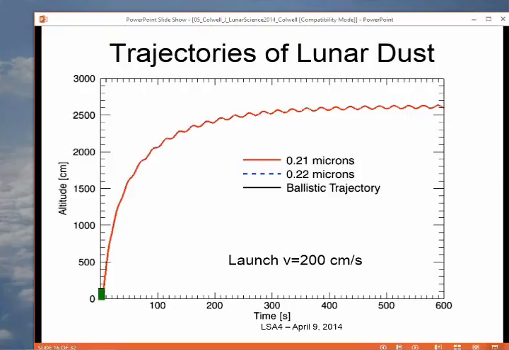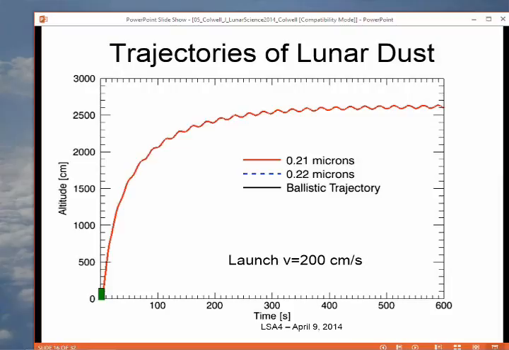This is for the moon. So this is going from 1 micron down here up to a couple tens of microns, and the stable upper levitation height is actually quite high, hundreds of meters.